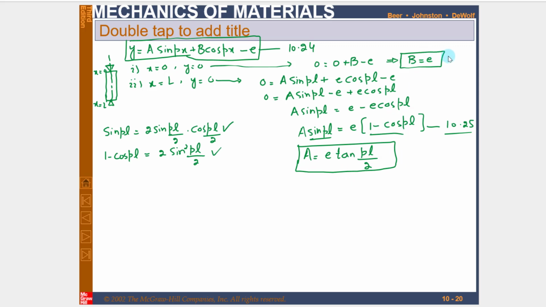So now you have the values of b and a as well. You can put them in equation 10.24, replacing a and b with these values.